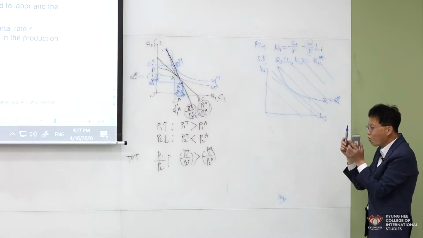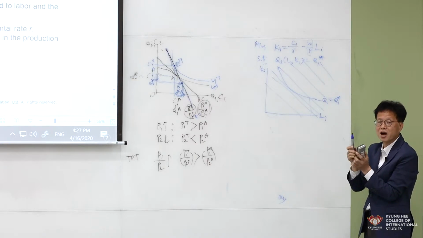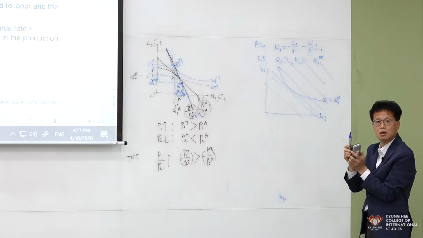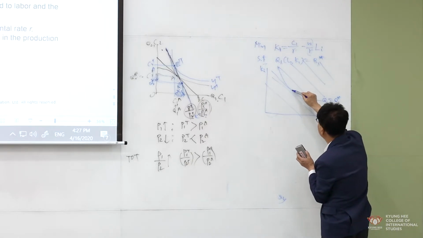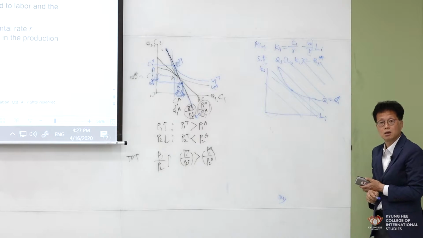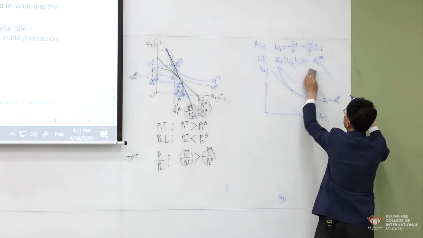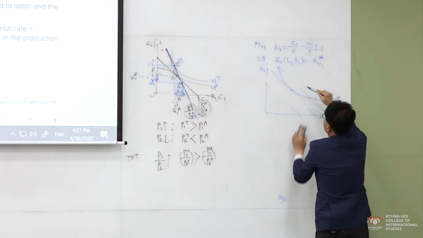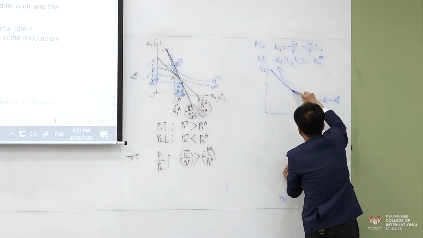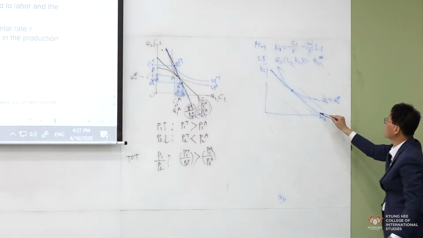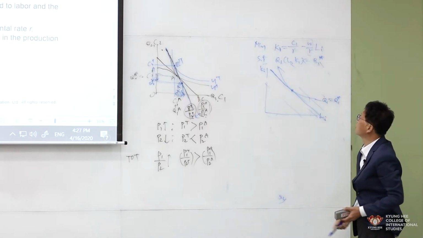But there exists only one cost minimizing labor and capital combination to produce 100 pence of pizza, right? That happens at this point. We already studied that. The cost minimizing solution is this one, right? This point.